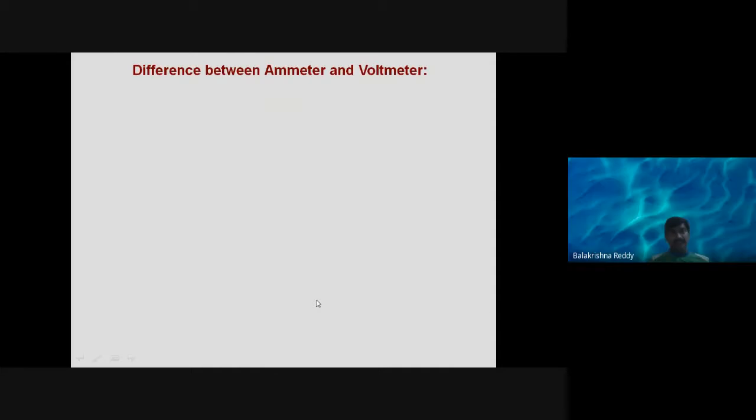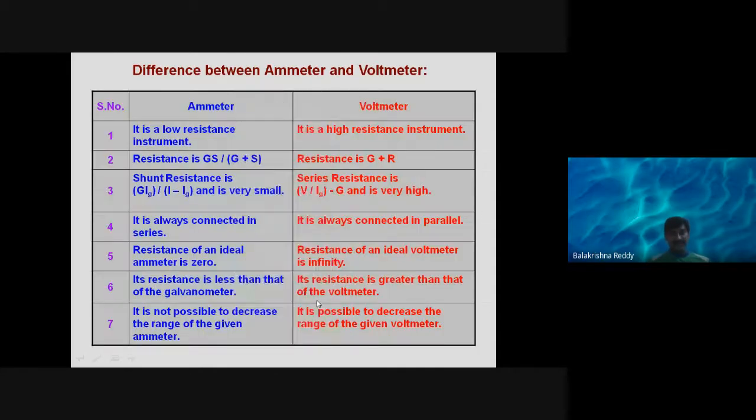Next, we have the differences between them, so that we get a quick revision and a quick idea for the exams. Ammeter and voltmeter: the ammeter has low resistance, as we just saw, and the voltmeter always has high resistance. The resistance formula for the ammeter is G into S by G plus S, because it is the parallel formula.